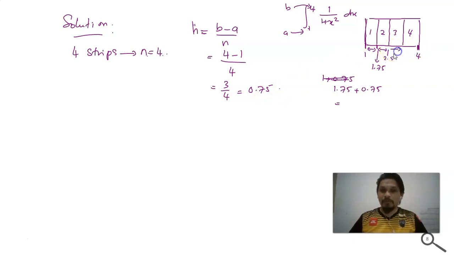From 2.5 plus another 0.75 equal to 3.25, and 3.25 plus 0.75 equal to 4. So this tells us that the distance from one point to another point are all equal, 0.75, from x equal to a until x equal to b. So there are 4 strips, 1, 2, 3, and 4.